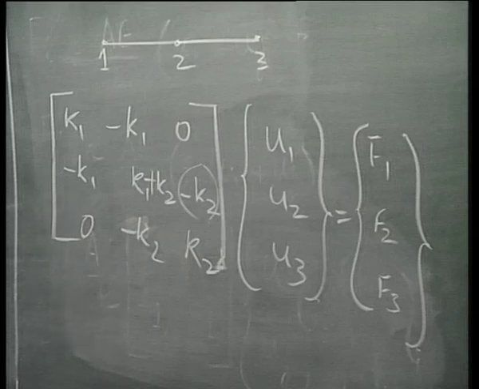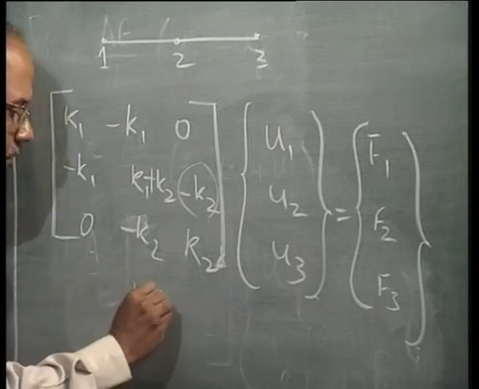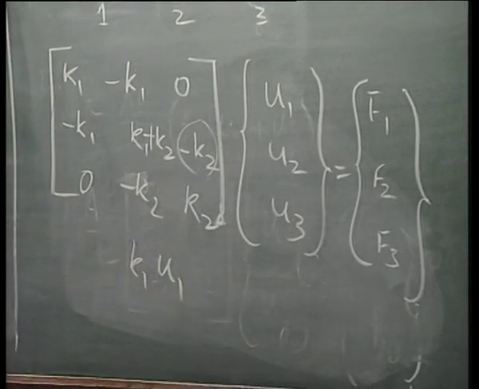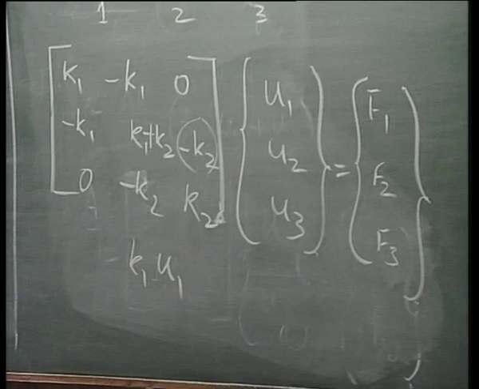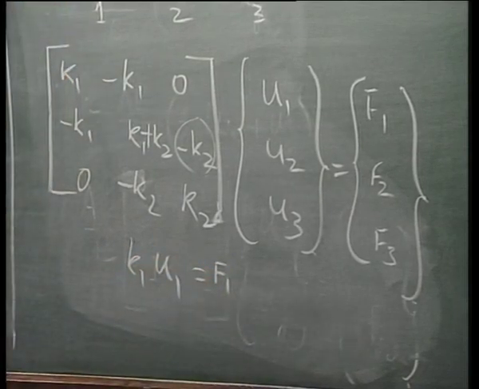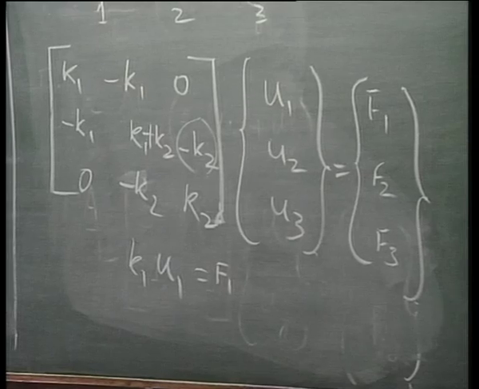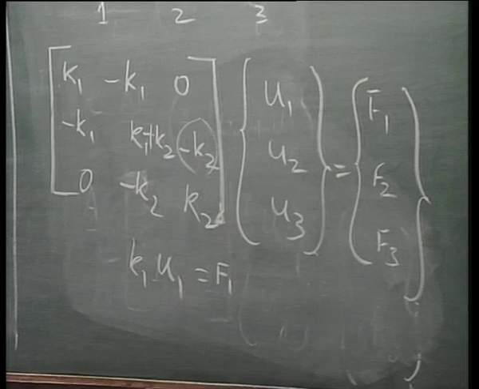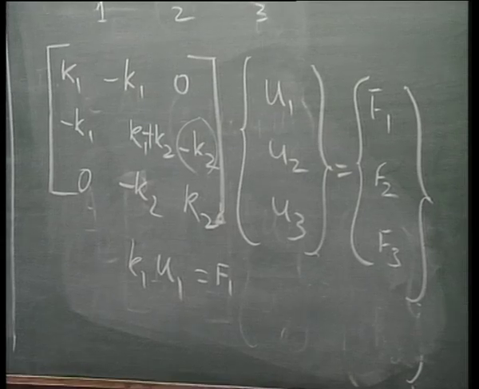Let us look at my first equation, say K1 U1, even not a unit displacement, at least U1 is equal to F1. So U1 is equal to F1 by K1 obviously, right. U1 is equal to F1 by K1.